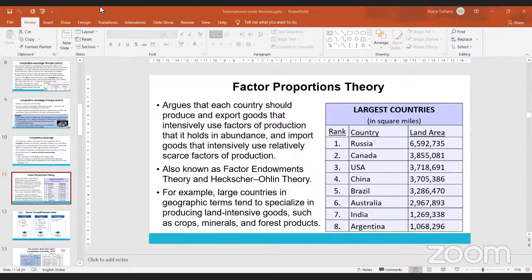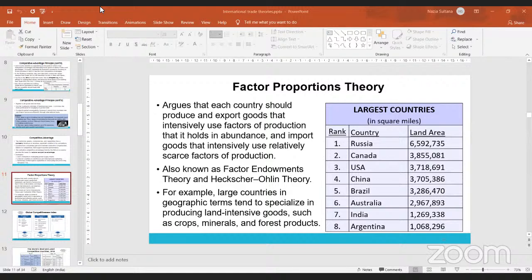So I have a factor of production which is in excess with me, so let me produce and sell, that is export, that commodity which uses that factor. If I do not have a factor of production, then let me import that commodity, because the factor necessary for producing it is scarce for me.